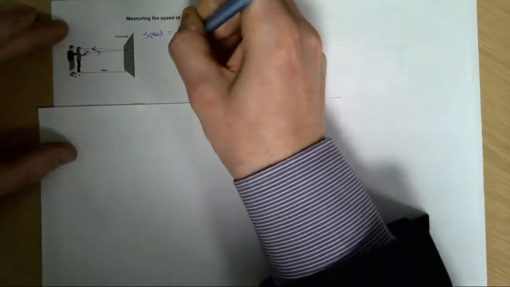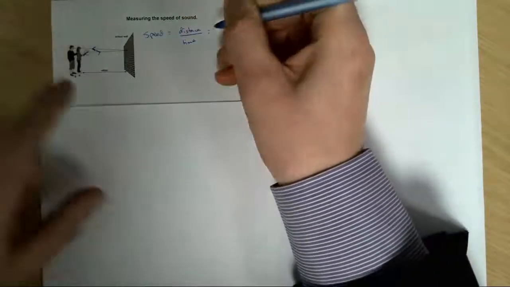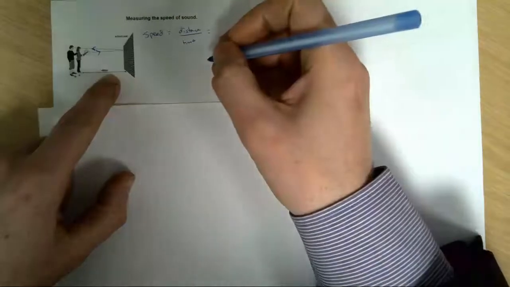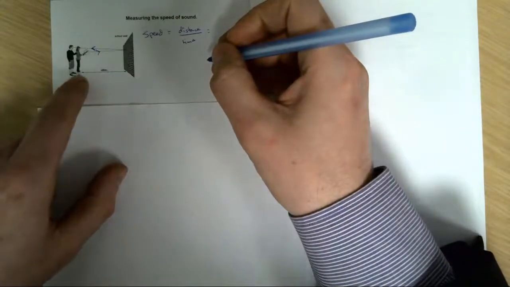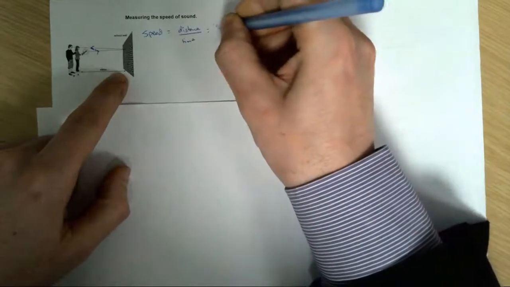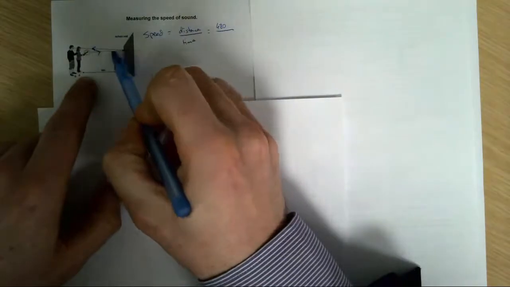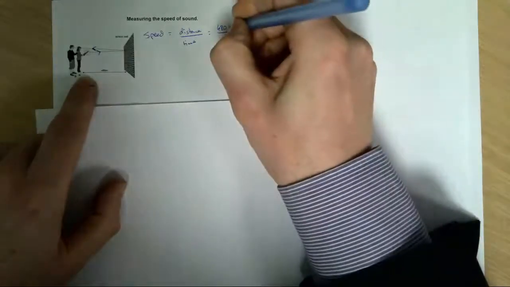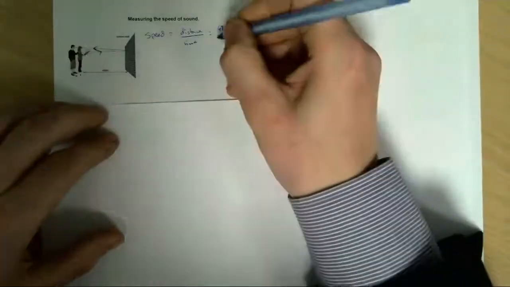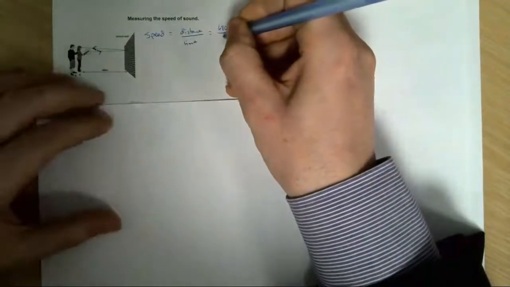So it's really simple. We think about the distance that the sound has travelled and the time it takes to go there and back. So in this case, the distance between the wall and the person is 480 meters, but the sound is going there and back. So we've got to times that by 2, and then the time that it takes might be some random time, let's just say 0.5 seconds just as an example.